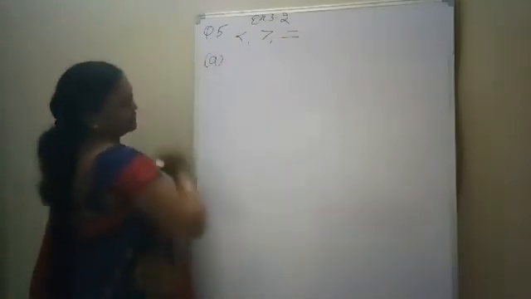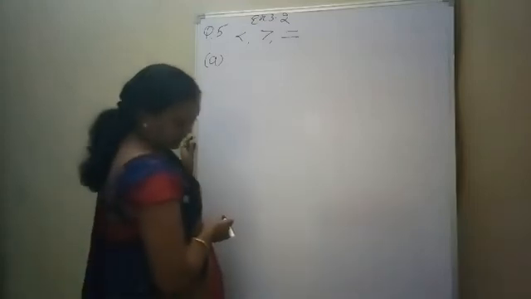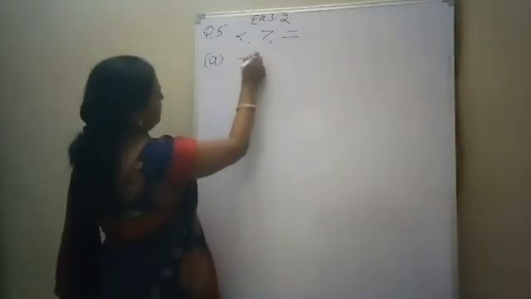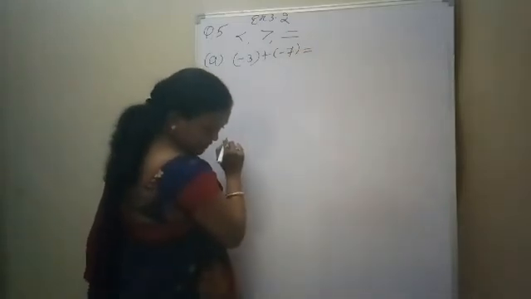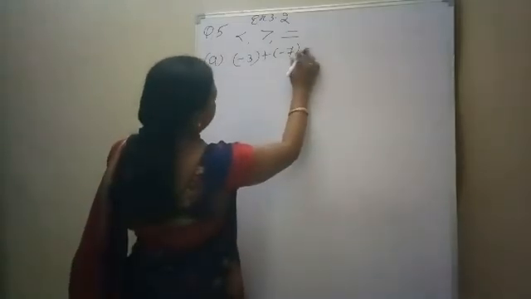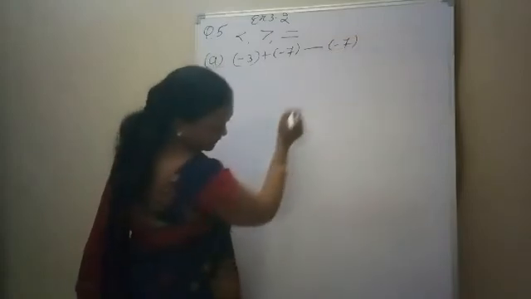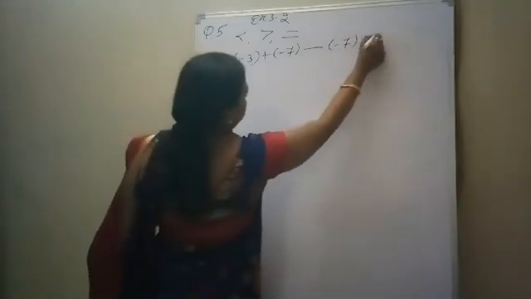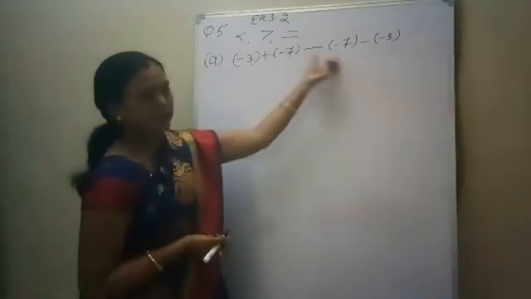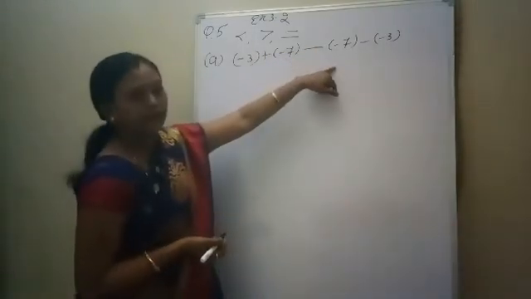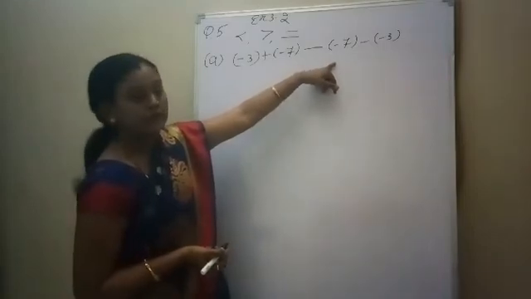So in this one, A part is there, that is minus 3 plus of minus 7, compared with minus of 3 minus of 3. Look at here, you identify which number is the bigger number.